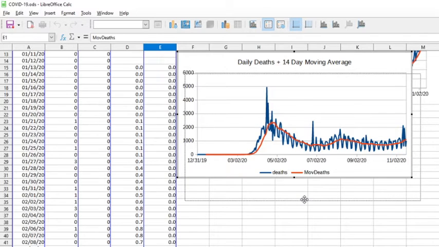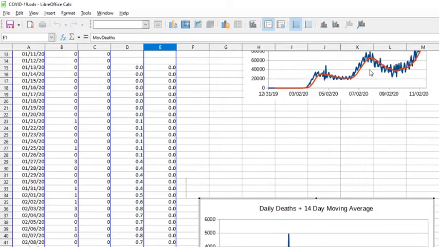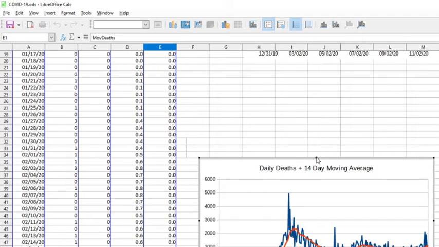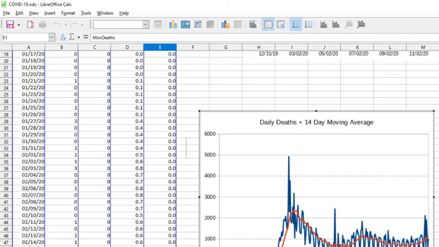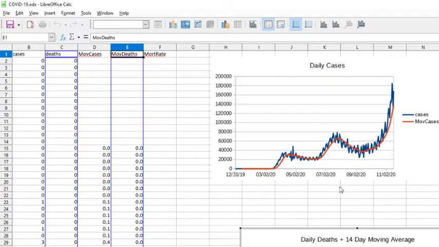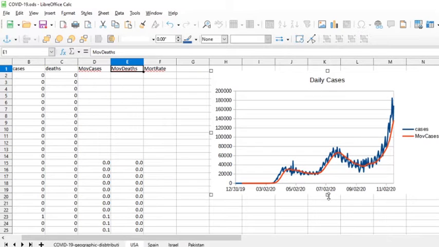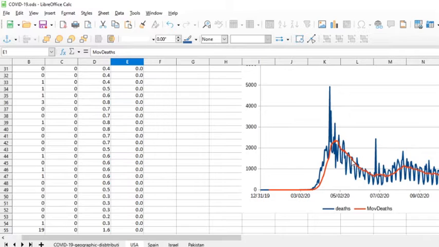So now we have deaths. Let's pull this. Okay. So now we have the deaths with the 14-day moving average at the top of these here.